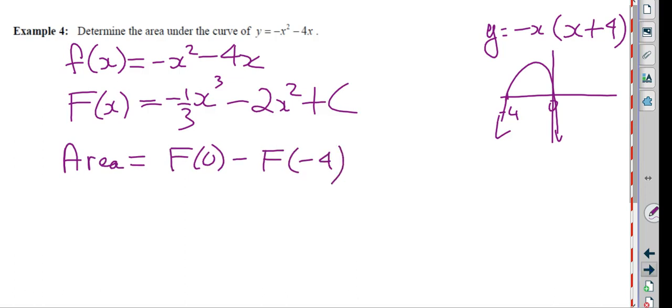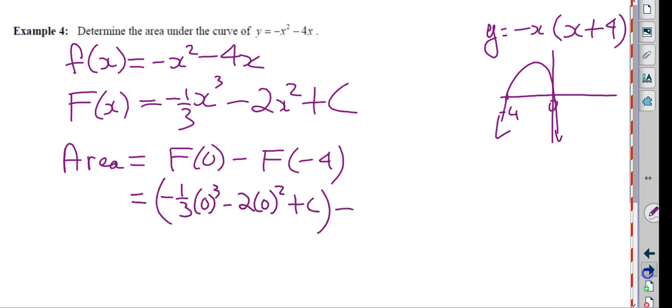All right, so what we're going to do is plug stuff in. Negative 1/3 times 0 cubed minus 2 times 0 squared plus c, minus. And just be very, just do this, right? I know it says it's just 0, but show the substitution in.